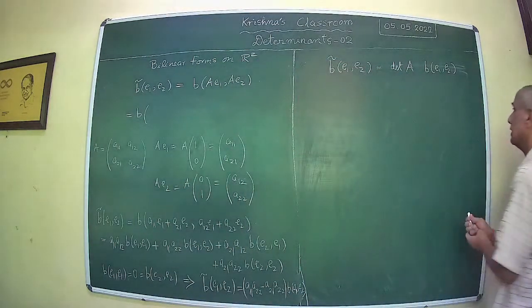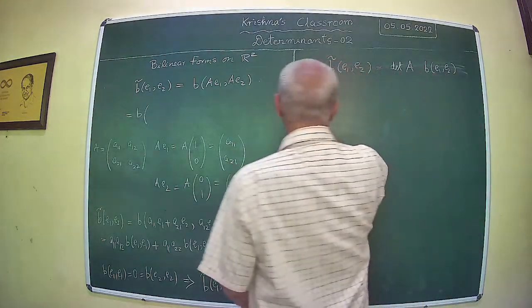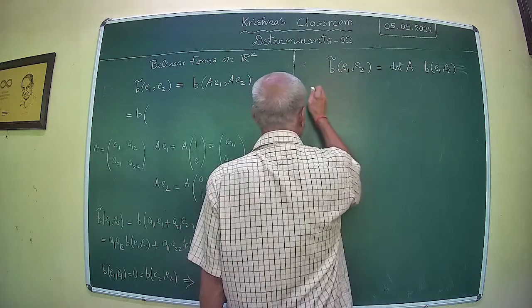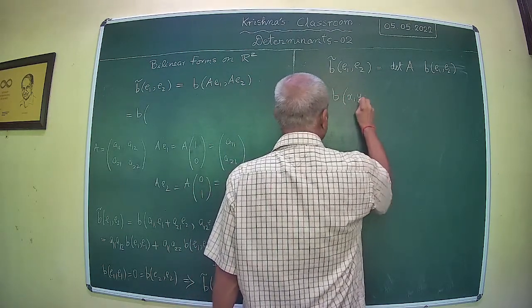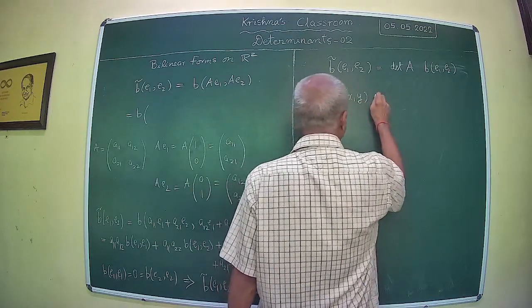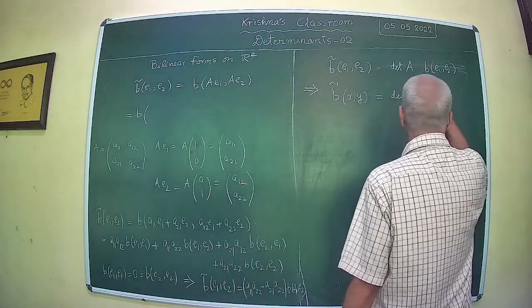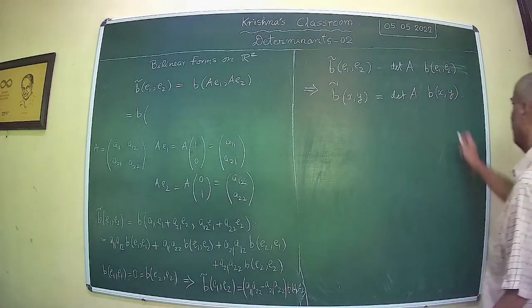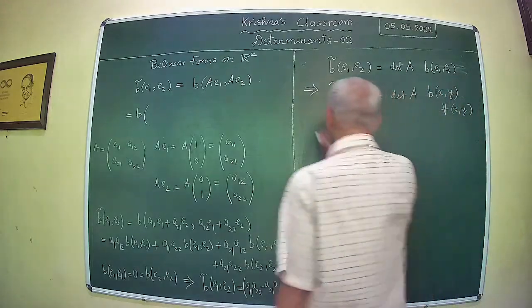If you use this, then you can easily see that, for every xy, B of Ax Ay is equal to determinant of A times B of x y. This is a simple consequence of that. That's easily verified.